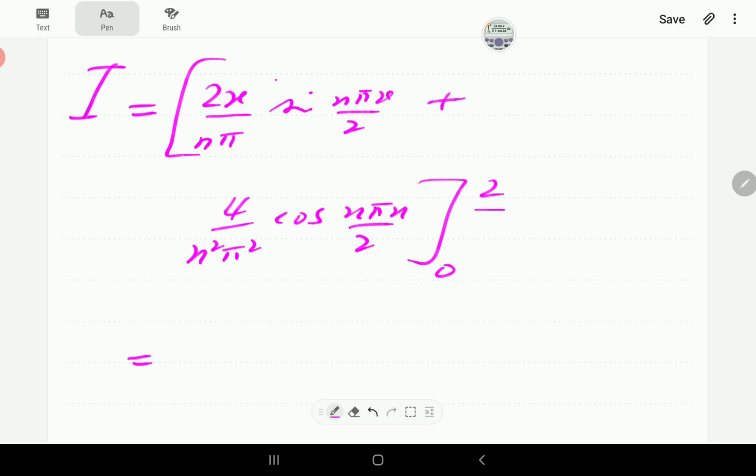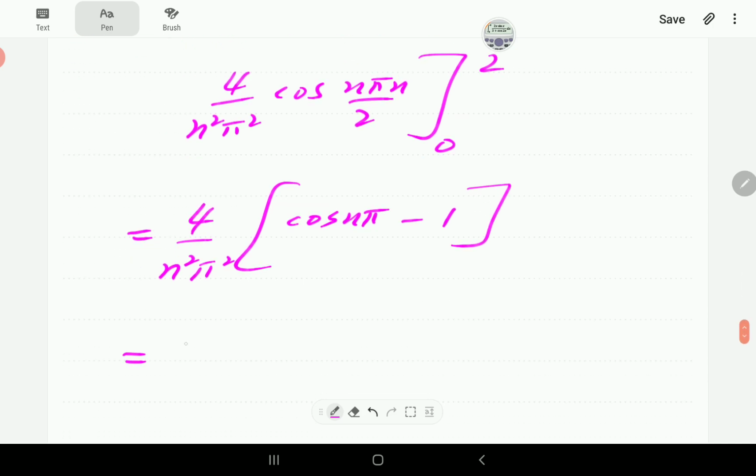For the second term, let me just write this outside here: 4 over n squared pi squared. This is going to be cosine n pi when x is 2, and when x is 0, it's going to be cosine 0, which is 1. Now, cosine n pi is negative 1 to the power n.